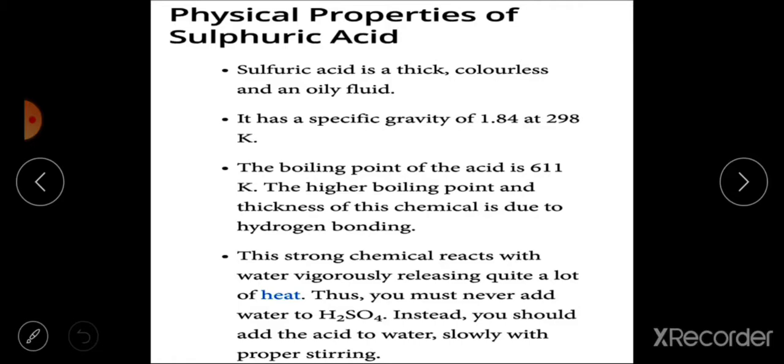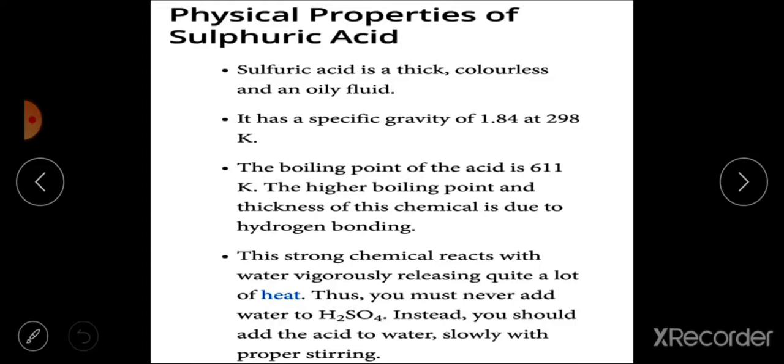The boiling point of this acid is 611 Kelvin. The higher boiling point and thickness of this acid are due to hydrogen bonding. There is strong hydrogen bonding present between molecules of sulfuric acid.